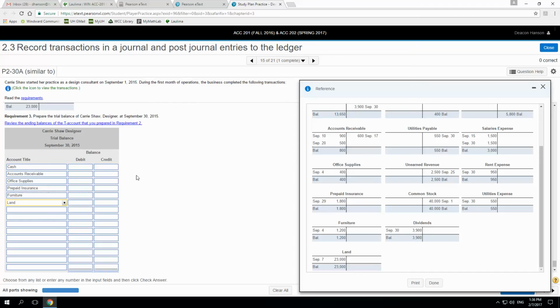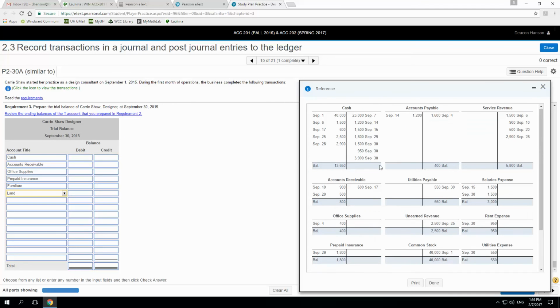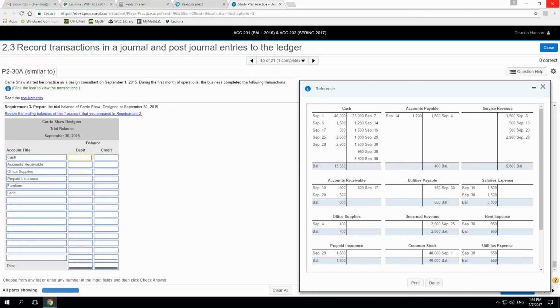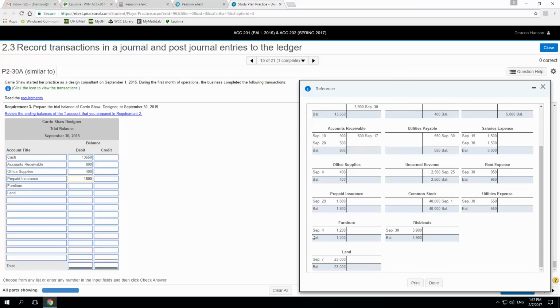We might as well put those numbers in. The cash balance is $13,650. Accounts receivable is $800. Office supplies is $400. Prepaid insurance is $1,800, all debit. Furniture is $1,200, and land is $23,000.